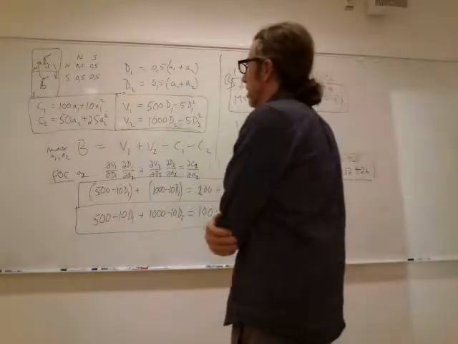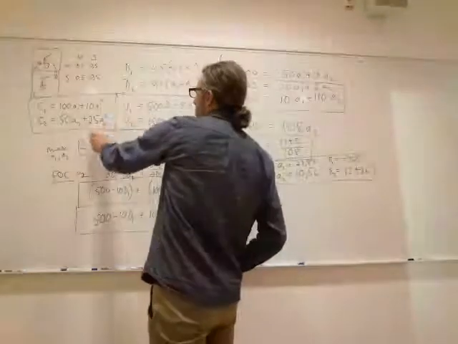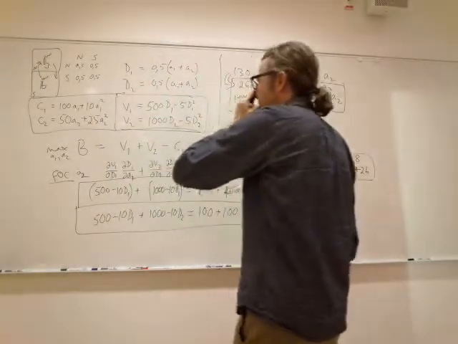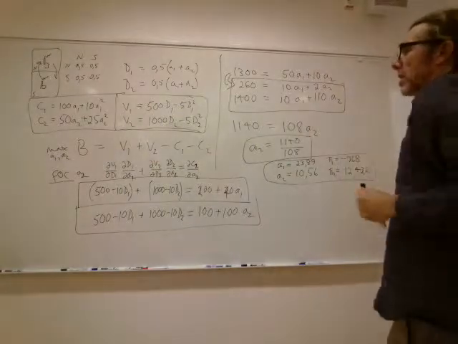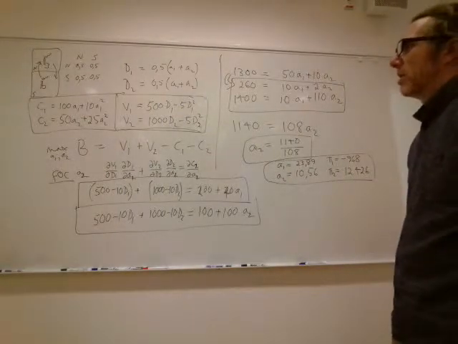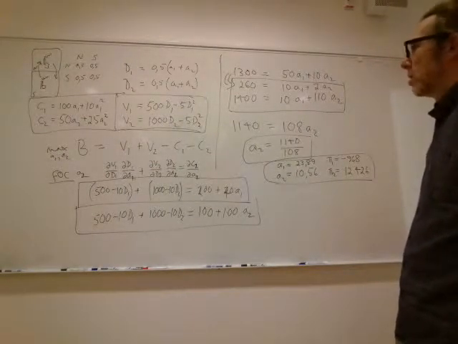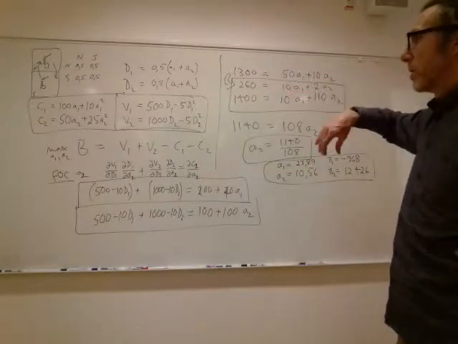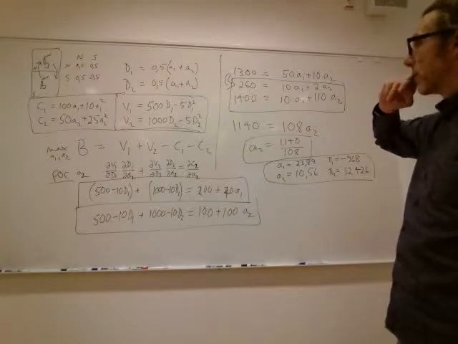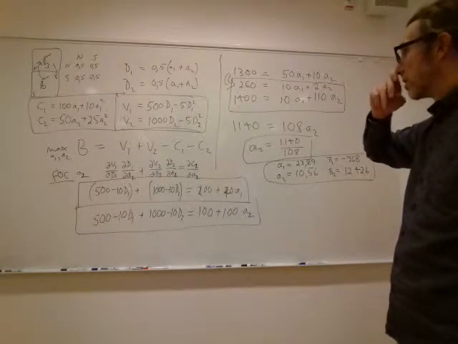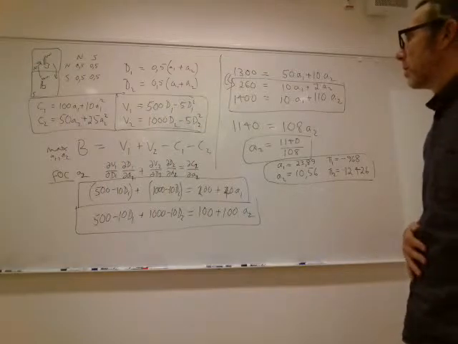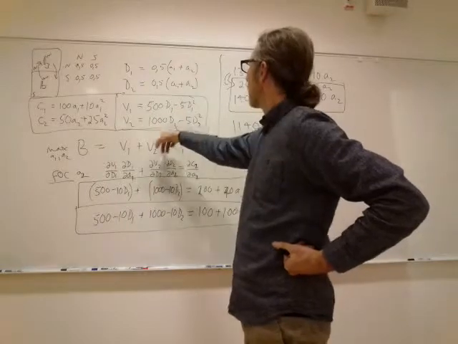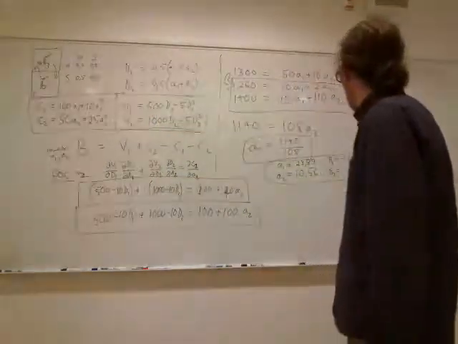Country 2 has got this steep increase in costs, which is going to keep its abatement down in the optimum. Yeah, because of the steeply increasing marginal costs, 25 A2 on the margin, it's going to keep its total abatement down, but at the same time, it has bigger benefits.